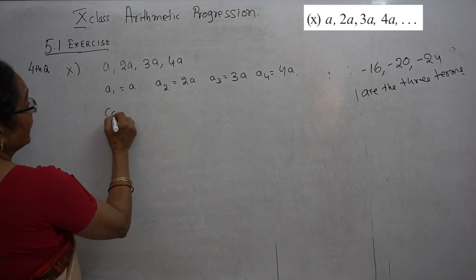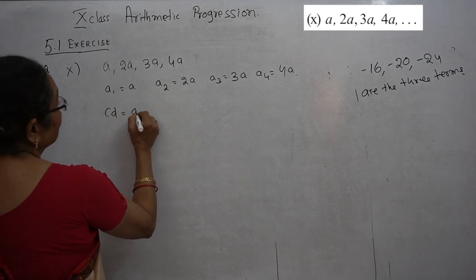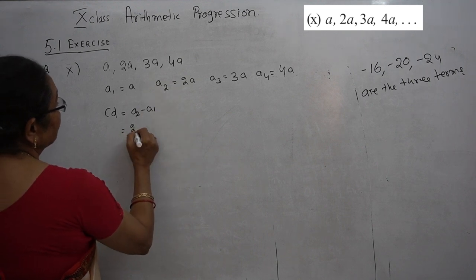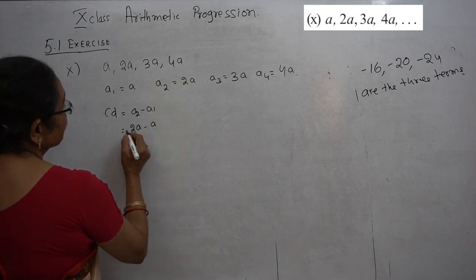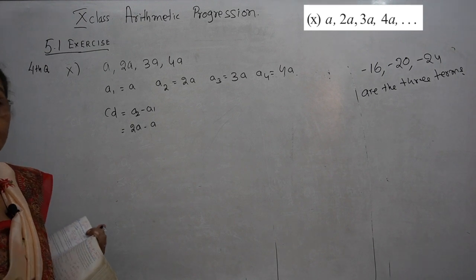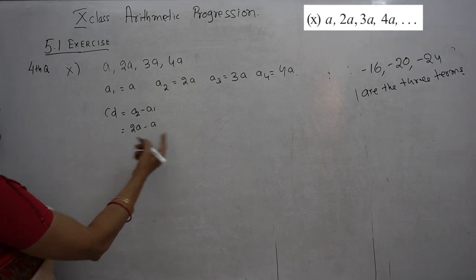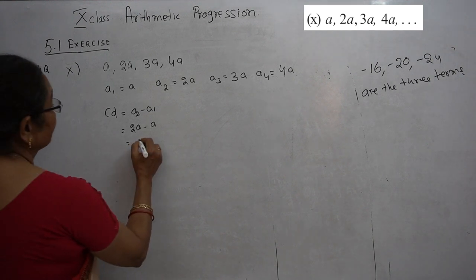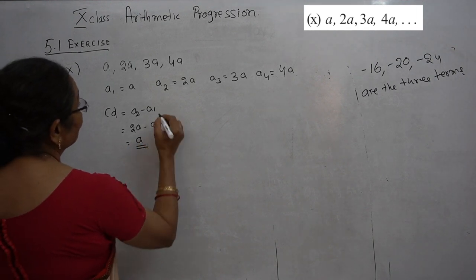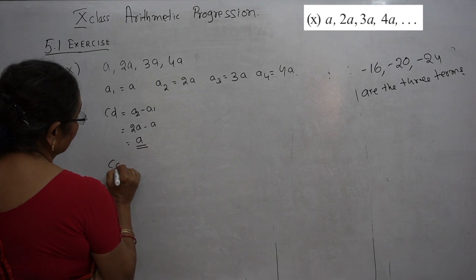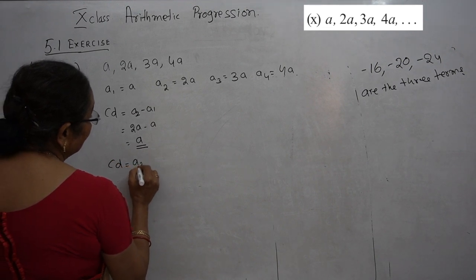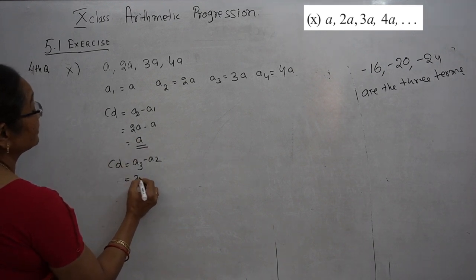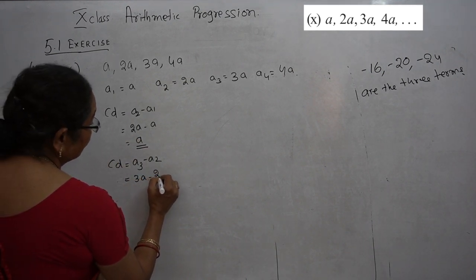Now let's see the common difference. A2 minus A1. What is our A2? A2 is 2A minus A. Since these are like terms, we can subtract them. 2A minus 1A, you are getting A. Then the second one, A3 minus A2 we have to find out. A3 is 3A minus A2 which is 2A.